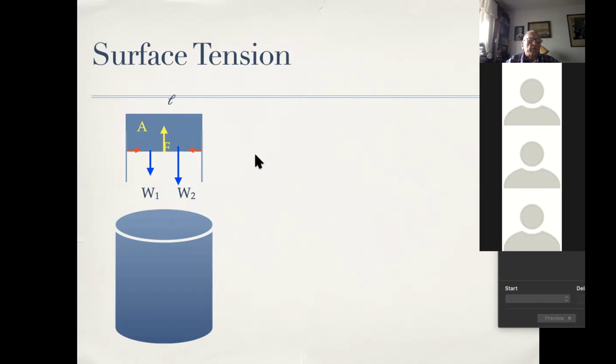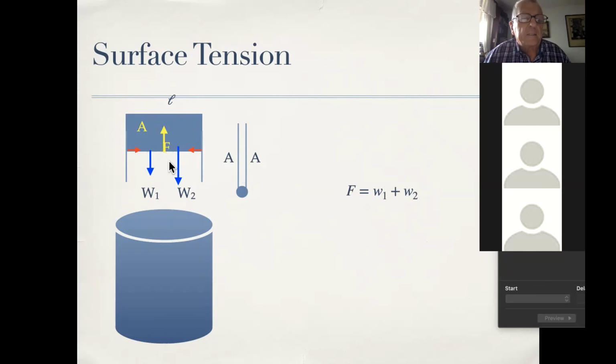So the force applied to the wire from the liquid is equal to the sum of these two weights. But if you look at the situation from the side, we see the wire, this bottom wire, and actually there are two layers of the liquid. It has two sides.